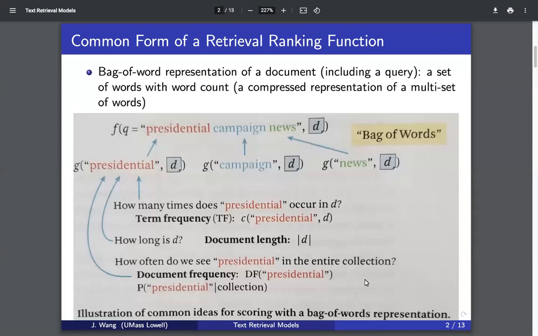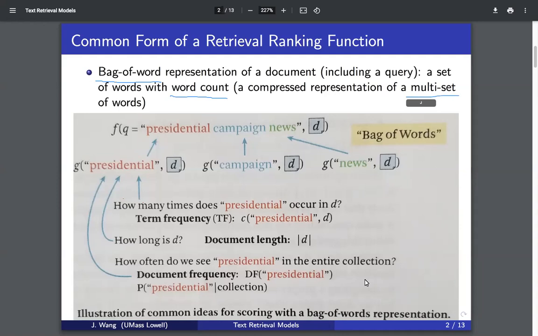So the bag of words is just a set of words, but each word could appear more than once, so we also include a word count. You can think of it as a compressed representation of a multi-set of words.